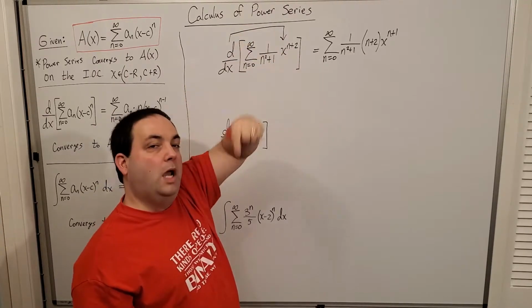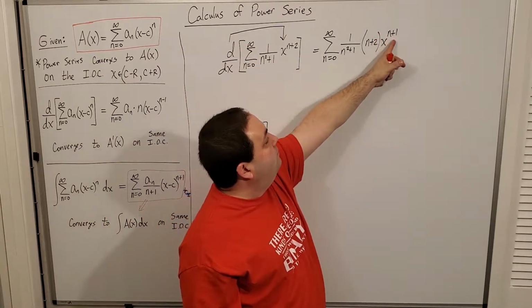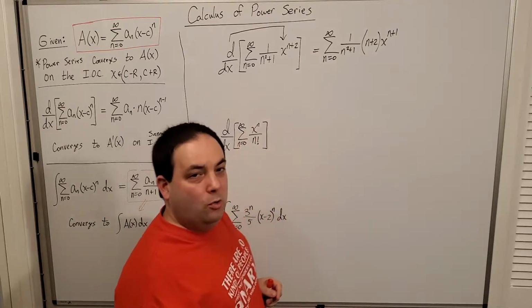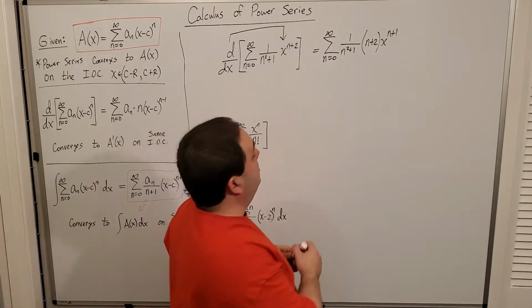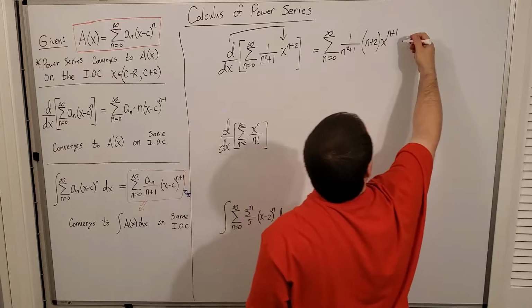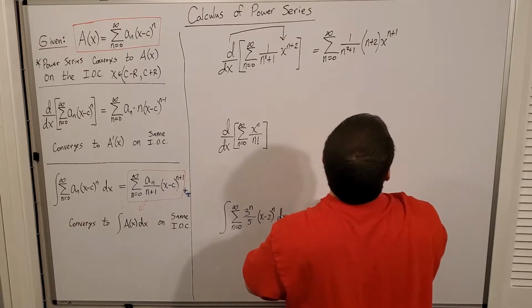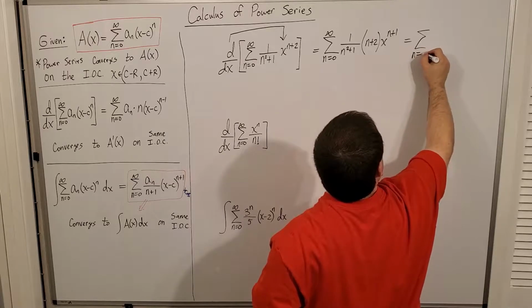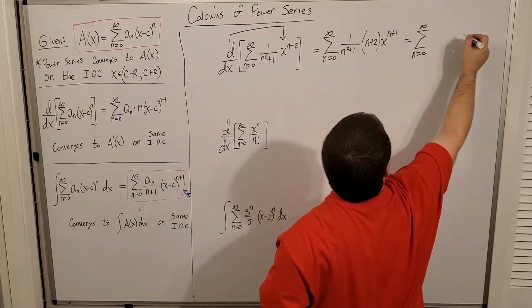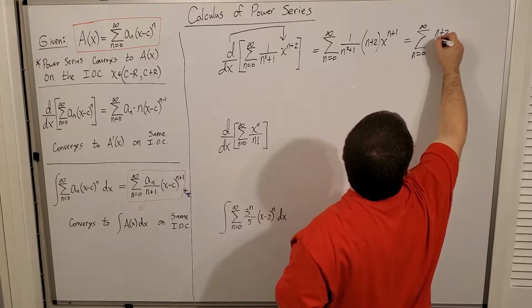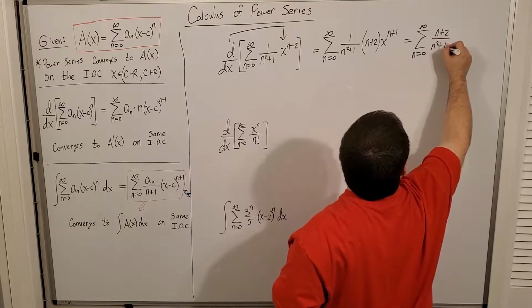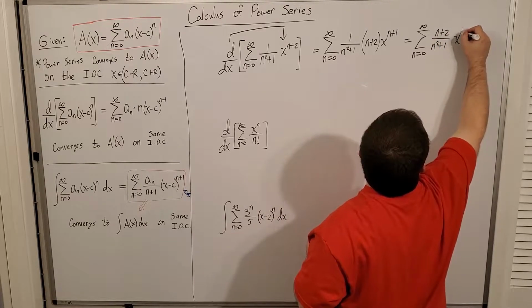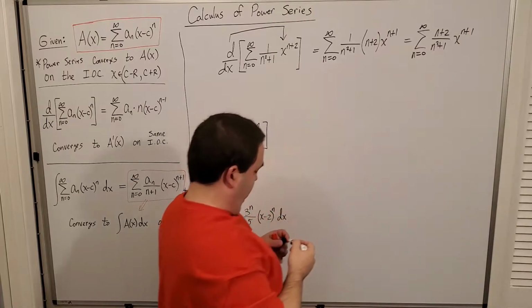N plus 2 minus 1 is n plus 1. So I did a power rule there. Okay, so let's consolidate this a little bit. I now have the sum from n equals 0 to infinity of n plus 2 over n squared plus 1 x to the n plus 1.